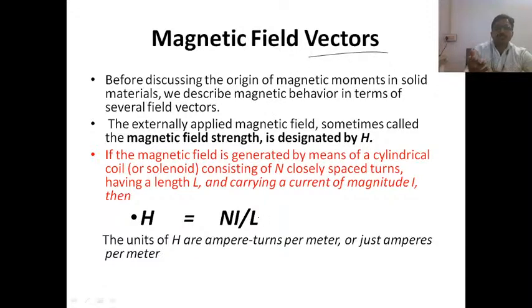One of them is the magnetic field strength, which is denoted by H. This magnetic field strength H can be calculated for a current carrying coil having N number of turns, length L and current magnitude I. So H is equal to NI upon L. The unit of this H is ampere turns per meter, or simply amperes per meter. This is the first field vector, H.